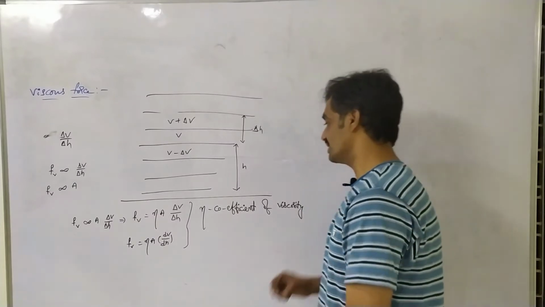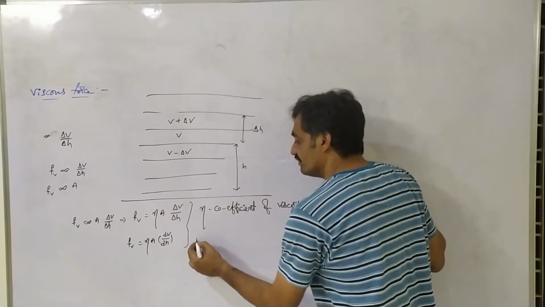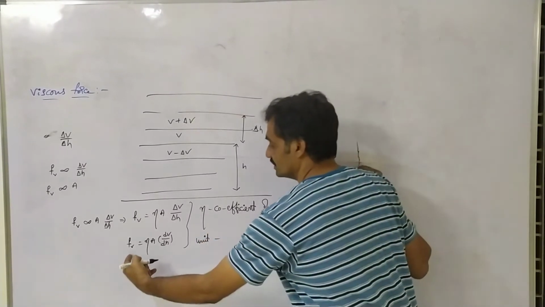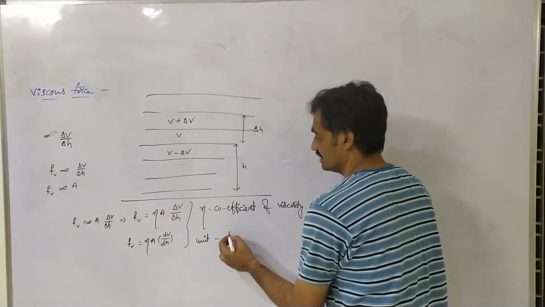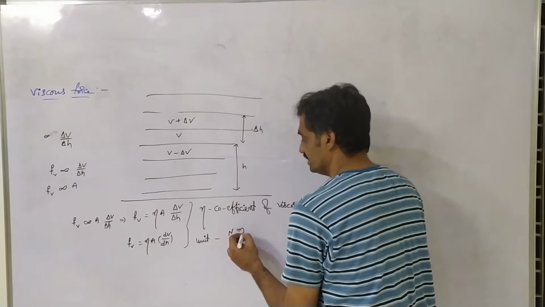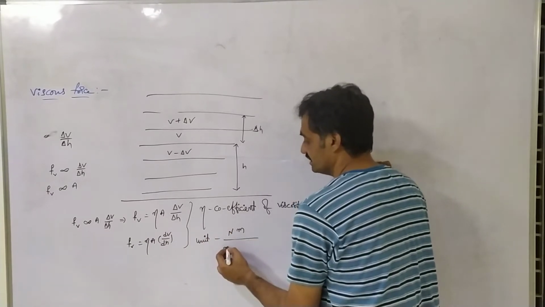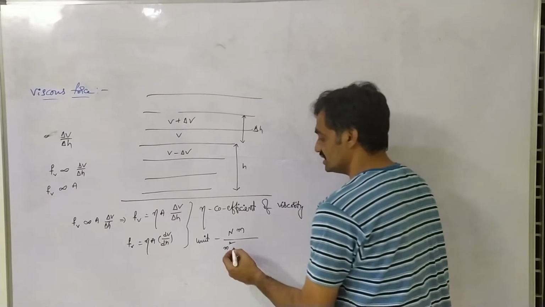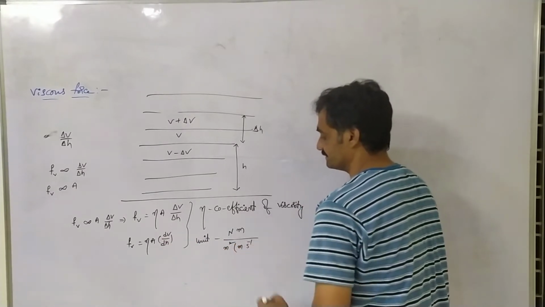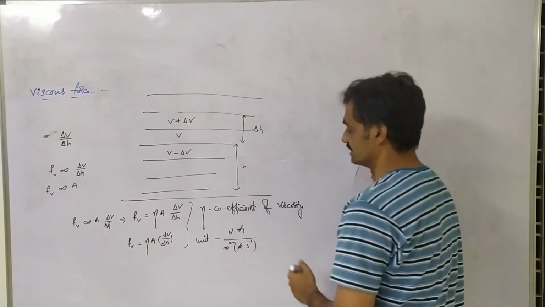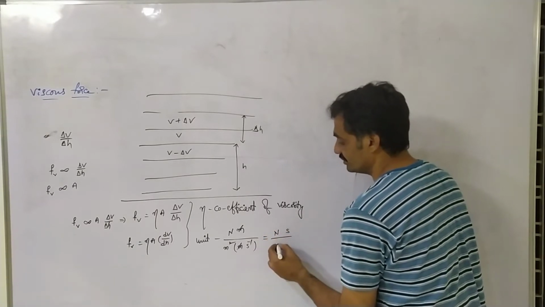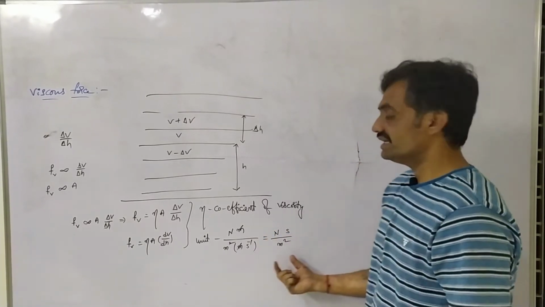Now, the unit for the coefficient of viscosity is represented as Newton, dH, so it can be meter by meter square into change in velocity, nothing but meter per second. Then the unit is represented as Newton second per meter square in the SI system.